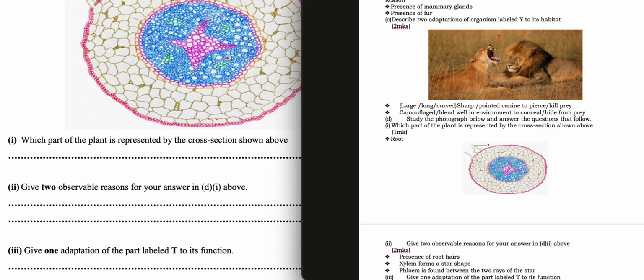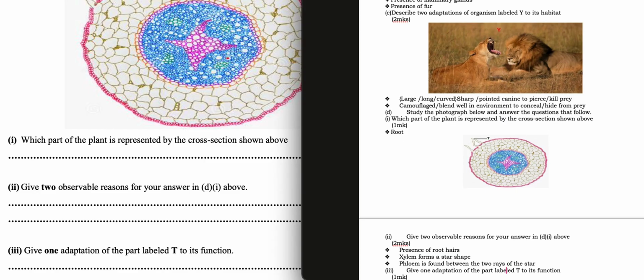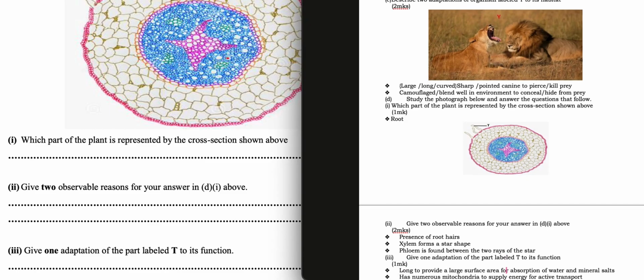Xylem forms a star shape, and phloem is found between the arms of the star. Question D3.